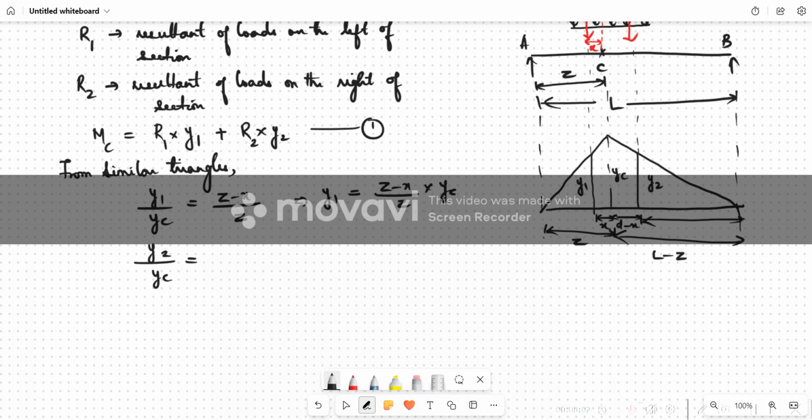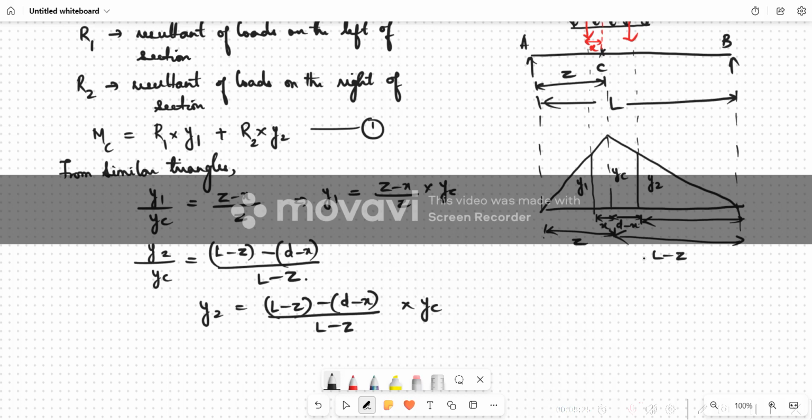So this distance is L minus z minus d minus x, just like how we did in the previous derivation. So y2 by yc is L minus z minus d minus x divided by L minus z. From this, y2 is equal to L minus z minus d minus x, whole divided by L minus z, into yc.